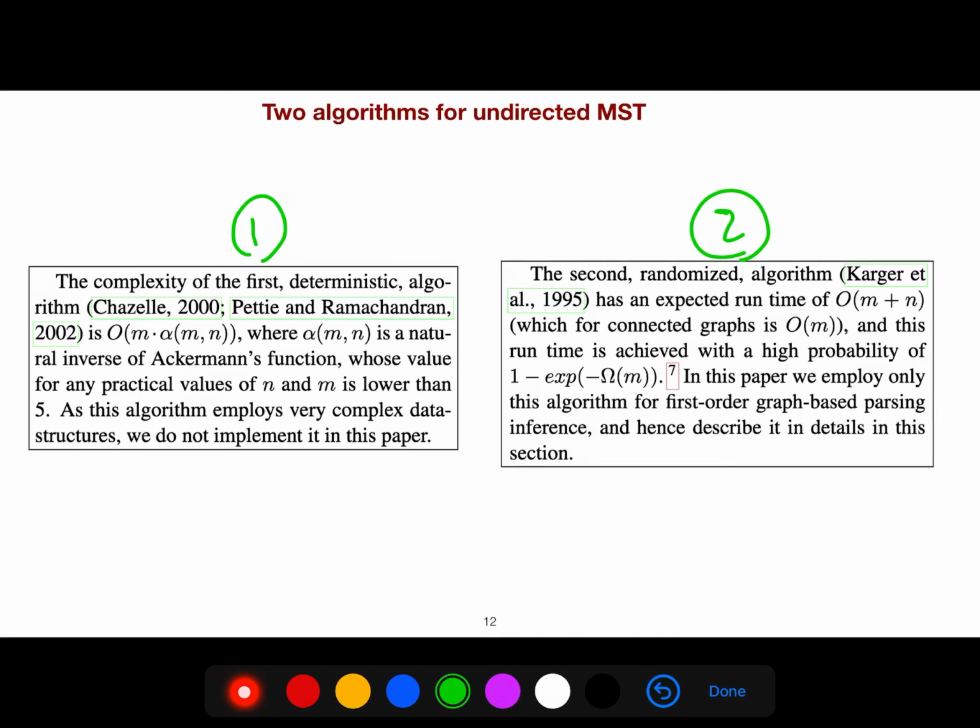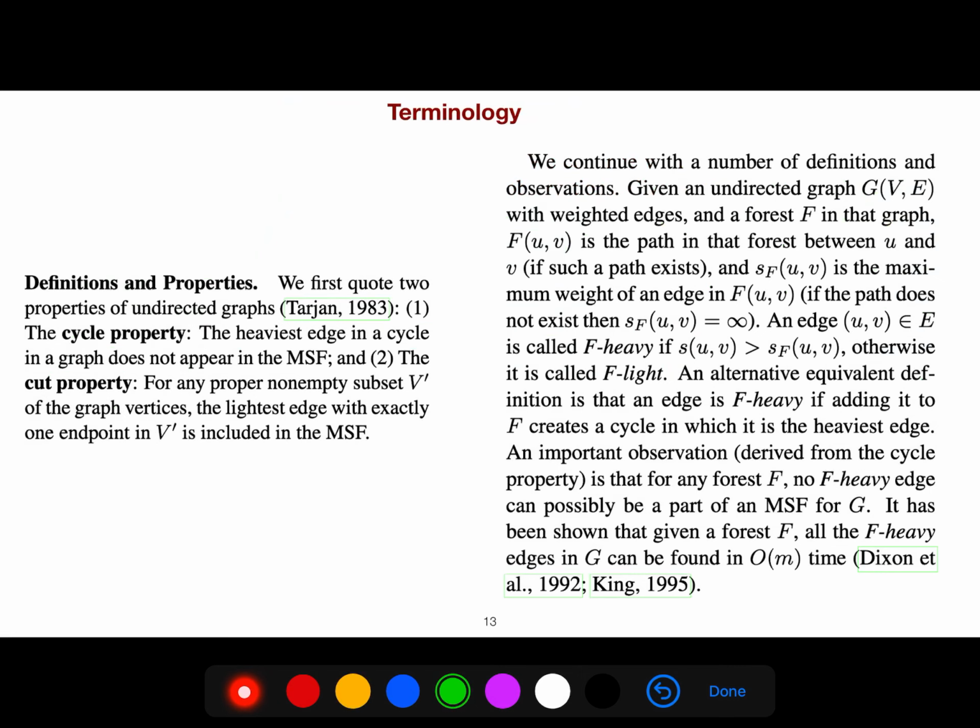The first one is deterministic and very old, but let's focus on just the second one. It's a randomized algorithm, the work of Karger. The terminology is that the heaviest edge in a cycle does not appear in the maximum spanning forest.